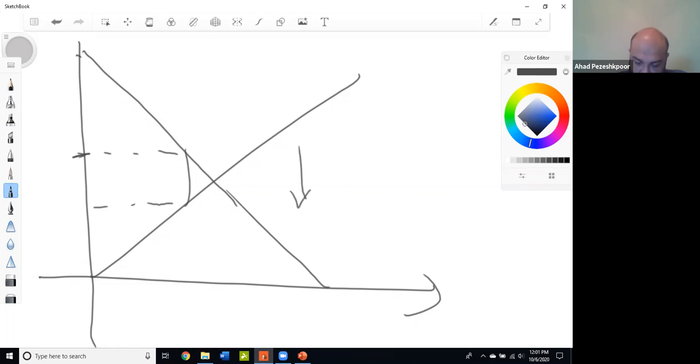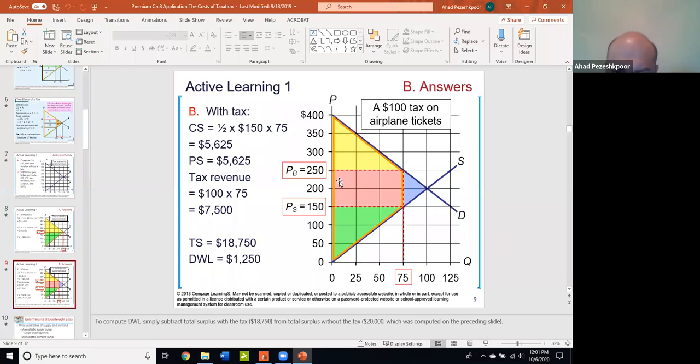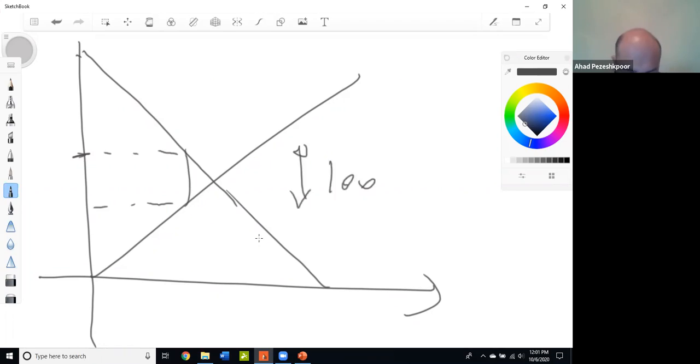This is the tax, 100. Judging by the elasticities of these two, yep, should be exactly.